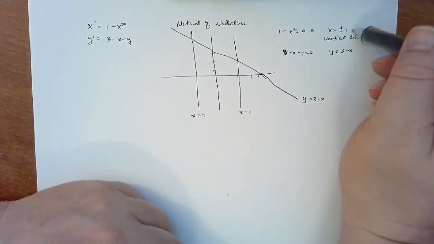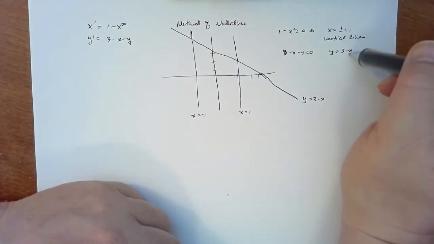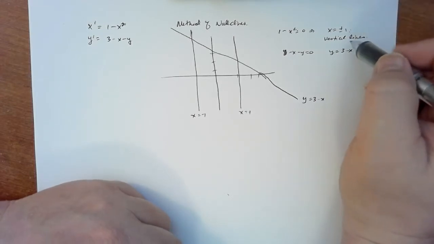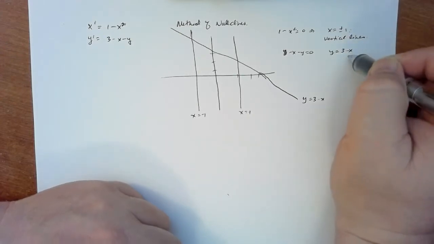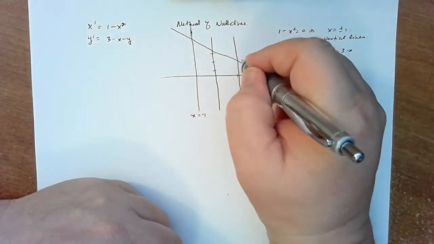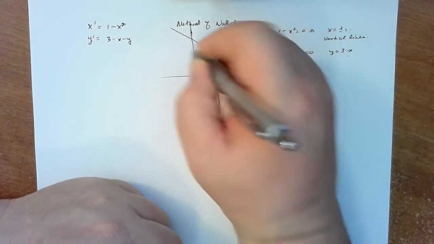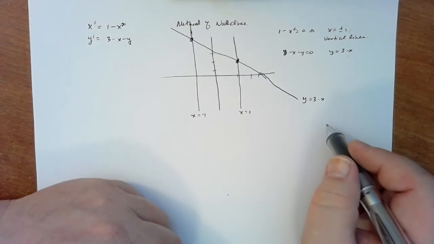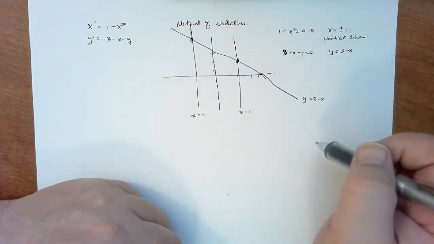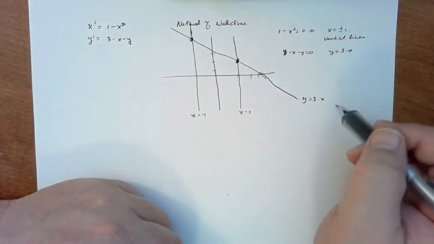Remember that our equilibrium solutions have to be where each of these is equal to 0. So it's where these lines intersect this line. So it looks like we have two equilibrium solutions, one right there and one right there. Good.